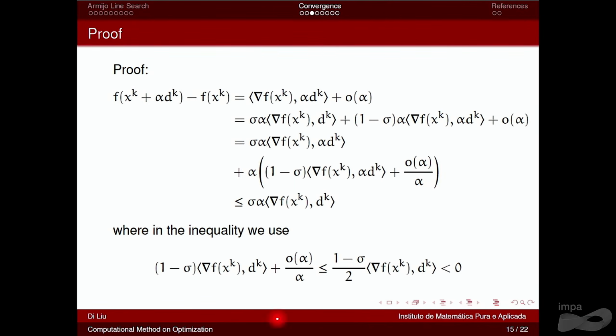So we can assume this part is less than (1 minus sigma) over 2 times the inner product of the gradient and d_k, which is less than 0. Okay, so we use this inequality in the last step of the analysis here. Then we can get, for small enough step size, if alpha is small enough, this inequality will hold, and this inequality will also hold.